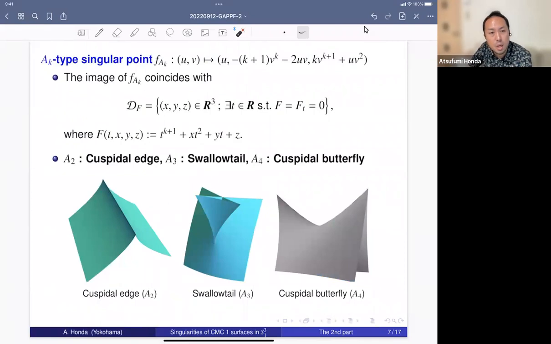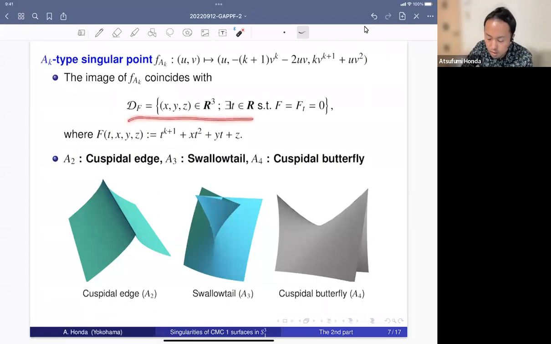Next, what is an AK-type singular point? AK-type singular points are defined by the standard form of this map. The image of FAK, this map, coincides with this set, where f is this polynomial function.